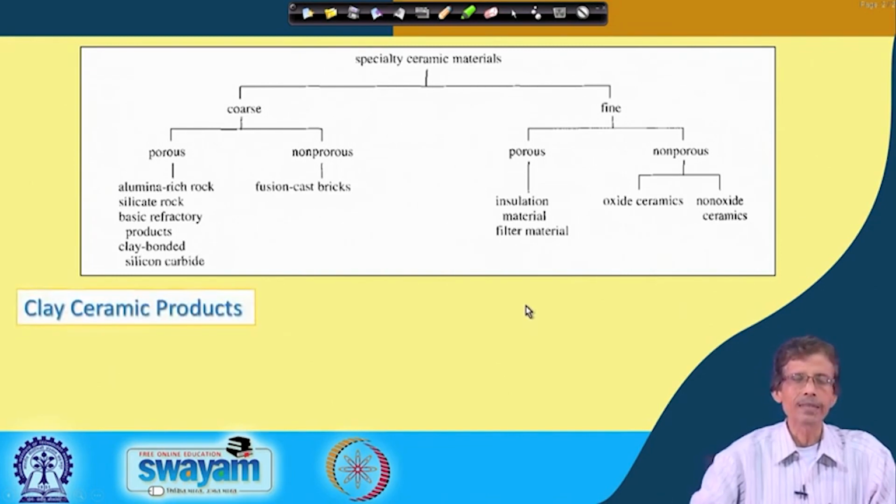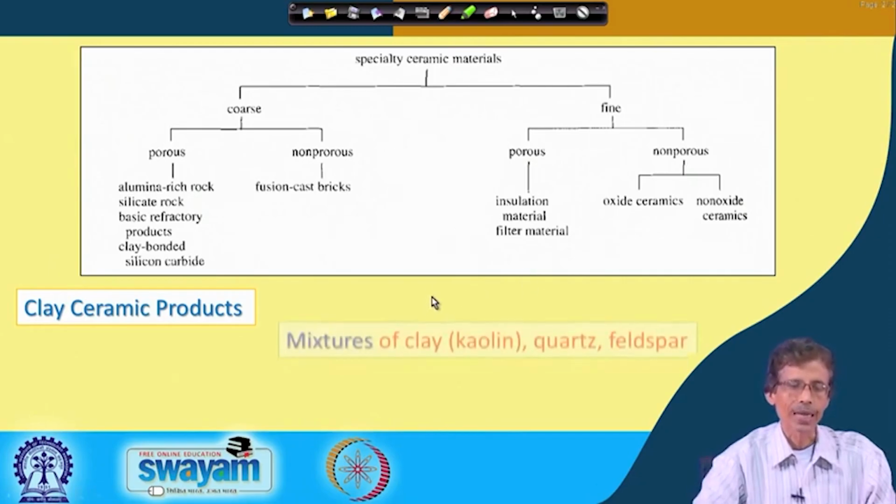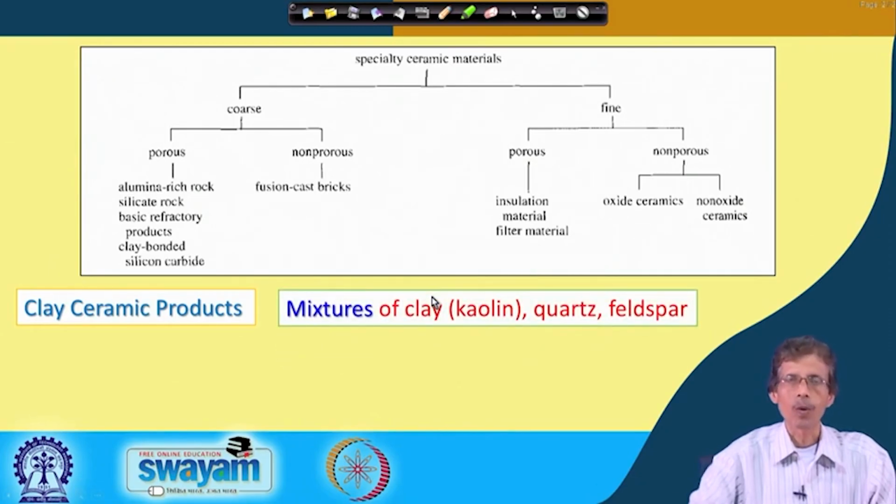So, from the broader perspective, how do we get all these clay ceramic products? You can have the clay and then we process it to get a good type of ceramic material, starting from different starting materials which are naturally available also. One of those materials is the clay material, simply kaolin.